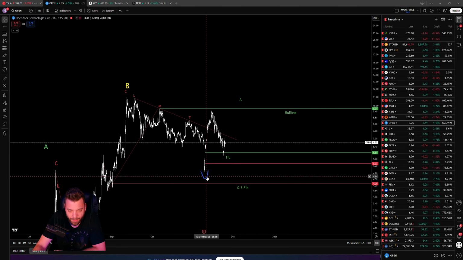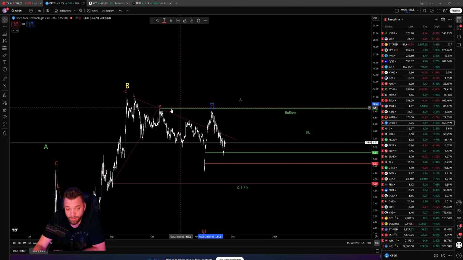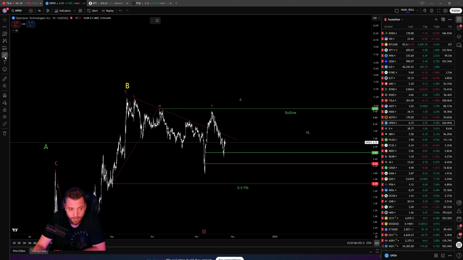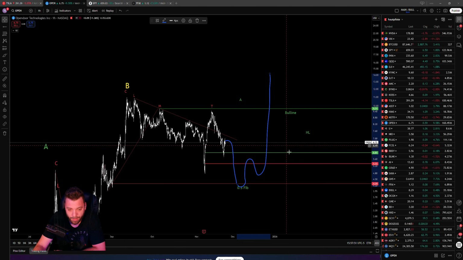If this wasn't enough for a 0.5 pullback, then this was your T. It's not higher than the M, so it would be a really big T, but still working, and that would mean I would expect next week you should still come down to 420. To your 0.5 bounce here, over or under it, higher low, and then go.